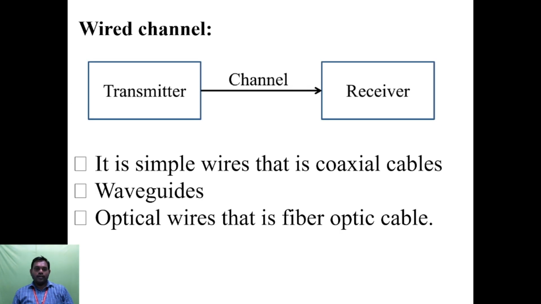So this is the wired channel: the transmitter connects to the receiver with the help of wired connections as the medium in the channel. These are simple wires, that is coaxial cables, waveguides, optical wires, that is fiber optic cable. So we use a wired channel, coaxial cable and optical cable, between the transmitter and the receiver as the channel.